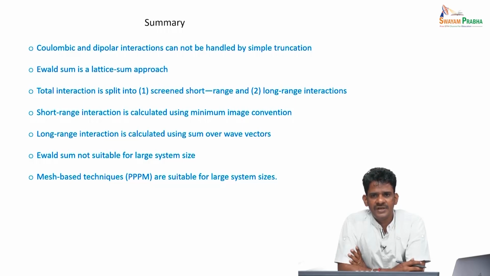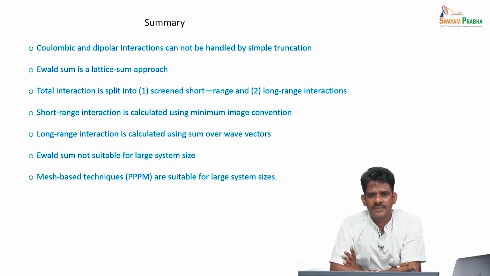In the Ewald sum, we split the total interaction into two parts. One is the screened short range interaction, the other is the long range interaction. The short range interaction is calculated using the minimum image convention because it is very fast converging and really short ranged, whereas the long range ones are handled with a Fourier space sum using k vectors.